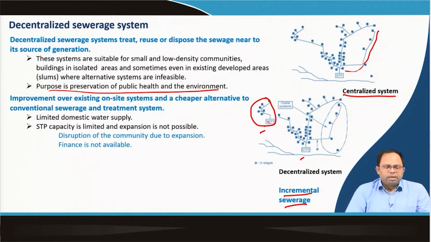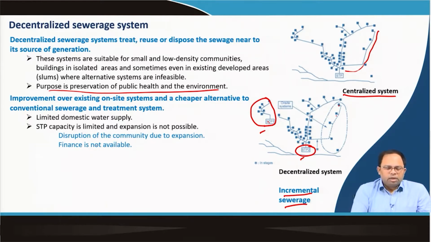That is the primary benefit, and this is also done when the domestic water supply is limited. That means we are not able to provide 135 LPCD of water. The other is that STP capacity may be limited and expansion is not possible. That means the STP has already been built, the capacity is already there, and there is no further capacity to add extra sewage into this particular STP, right.